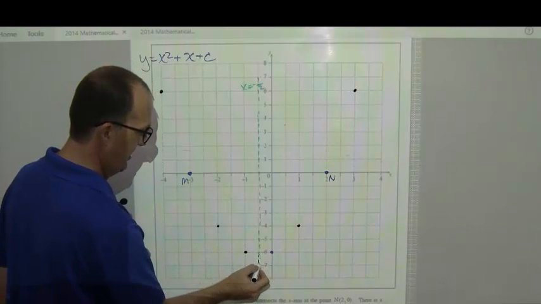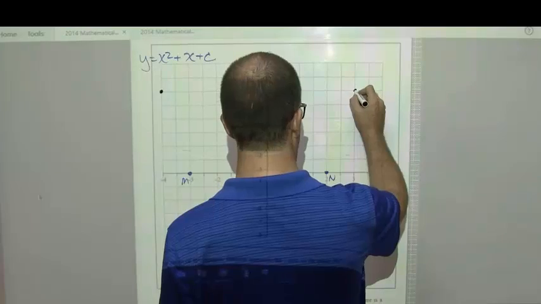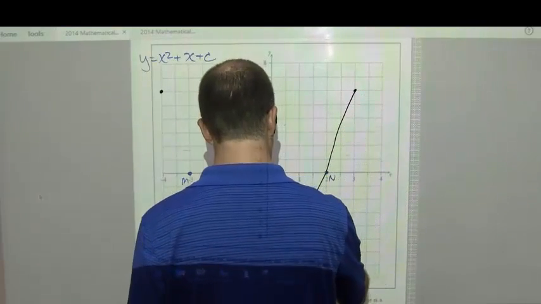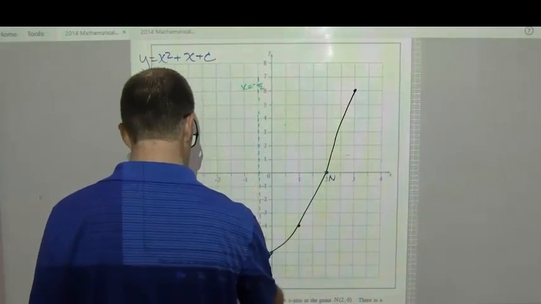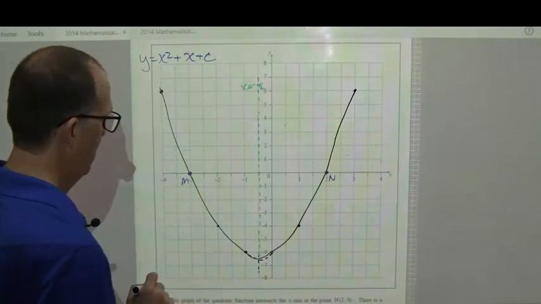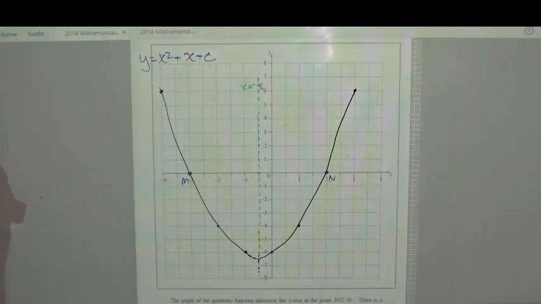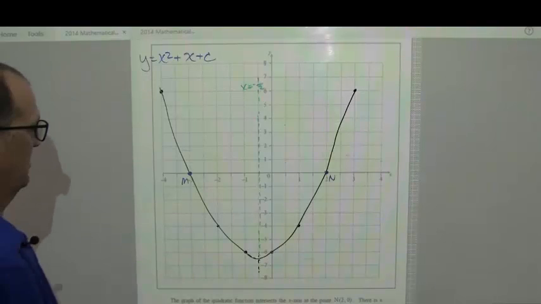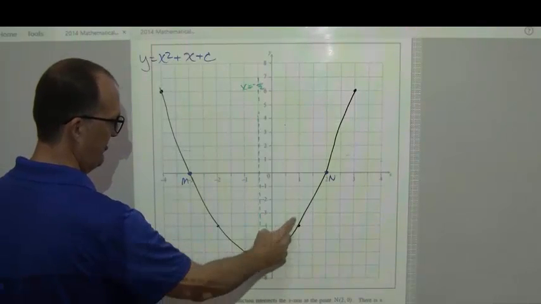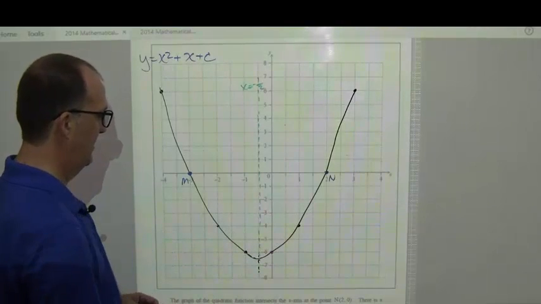There should be a minimum value here, and I'm going to sort of sketch it in. There is a rough sketch of what that quadratic looks like. Again, make sure you don't just go straight across because you know it's a parabolic shape. It should be a curve at the bottom.